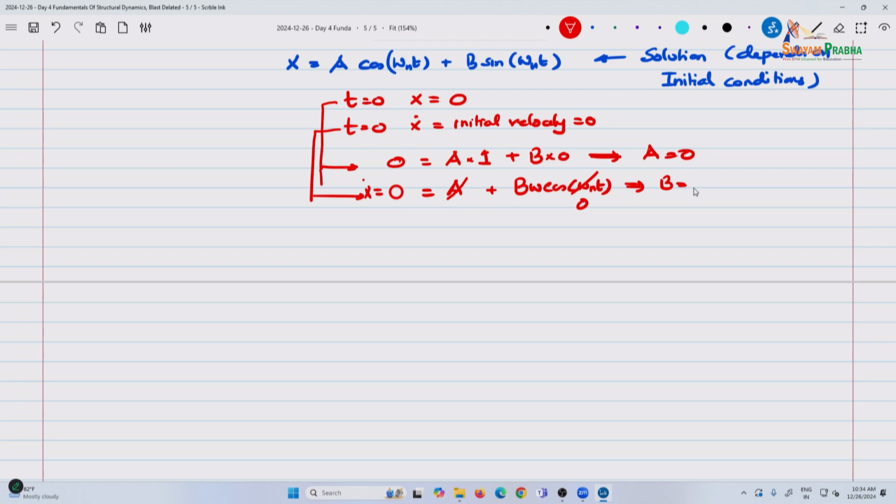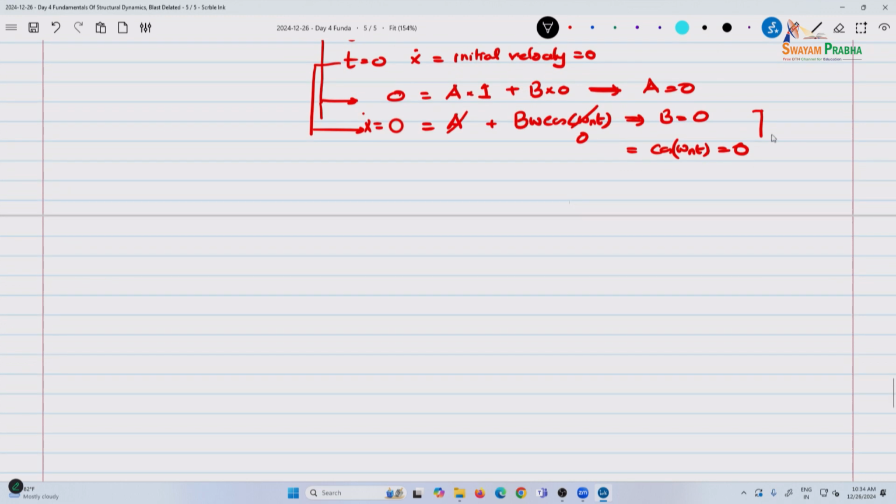So, literally you have no solution, but two options exist, either b equal to 0 or cosine omega n t equal to 0. So, from here you can say cosine omega n t equal to 0, and it is 0 for cosine n pi over 2, right.